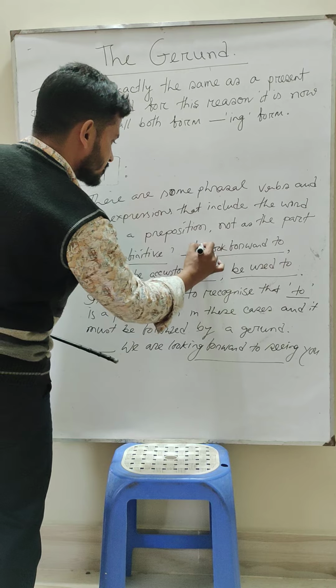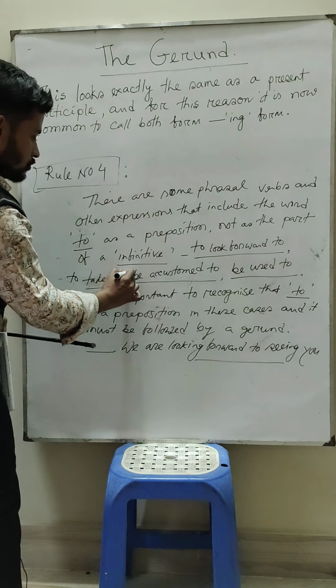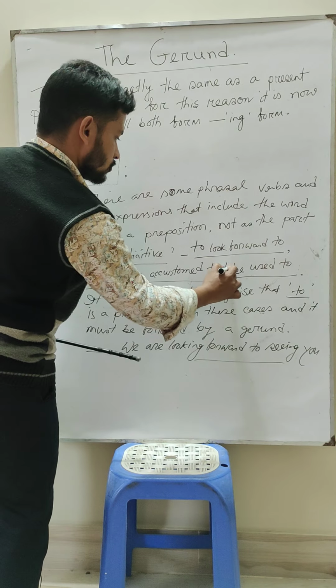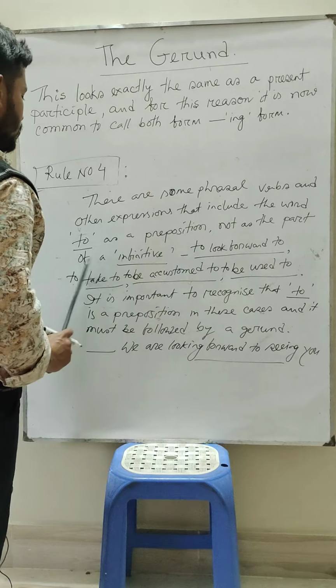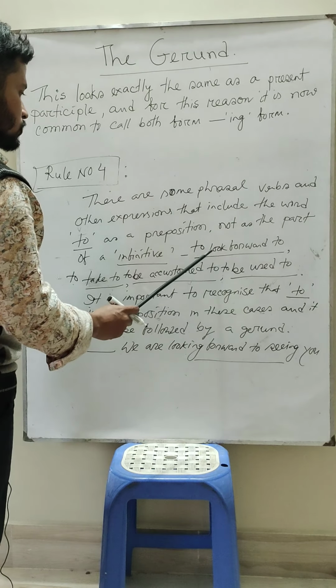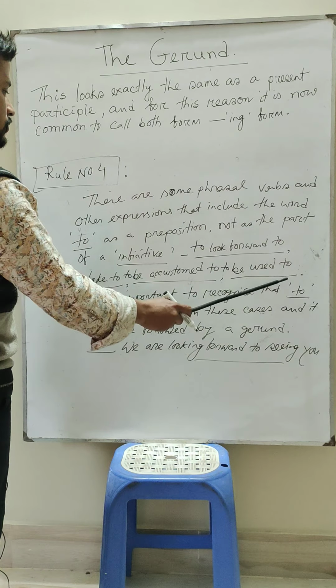Here, accustomed includes to as a preposition, not as part of an infinitive. This is not part of an infinitive. Please see, to is included here: to look forward to, to be accustomed to, to be used to.